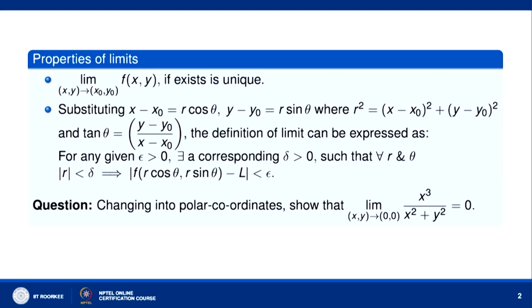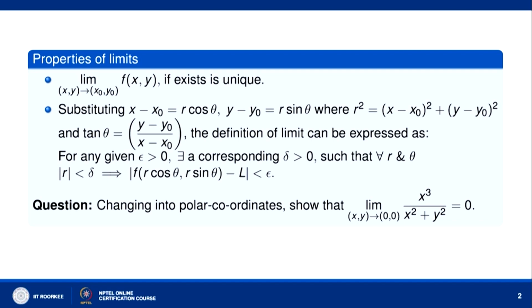The first property is that the limit of f(x,y) as (x,y) tends to (x naught, y naught), if it exists, is always unique. Next, to find the value of the limit, another method is to convert the Cartesian coordinate system into the polar coordinate system.